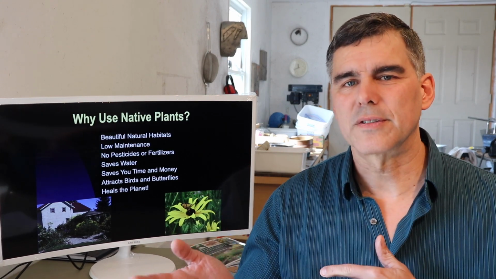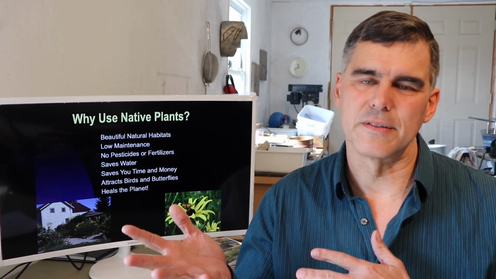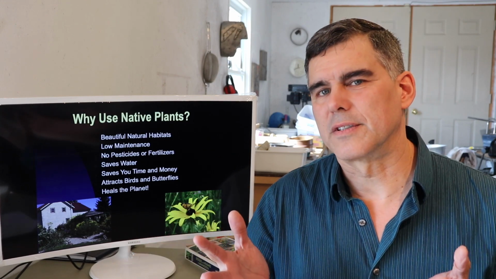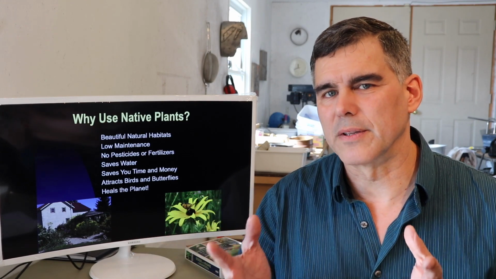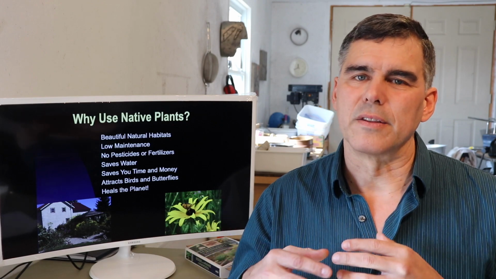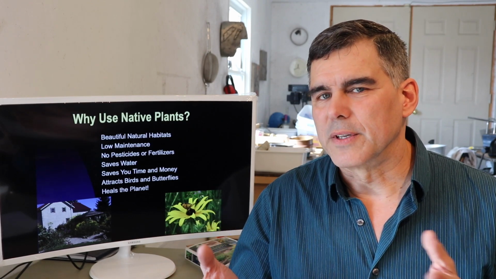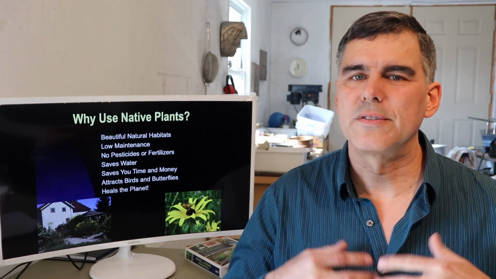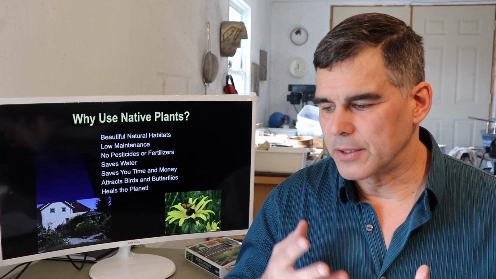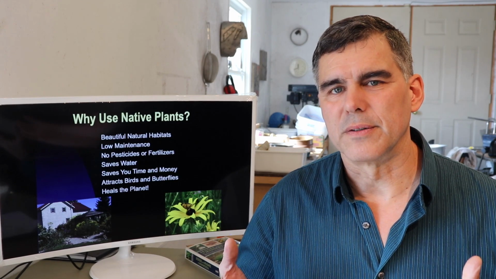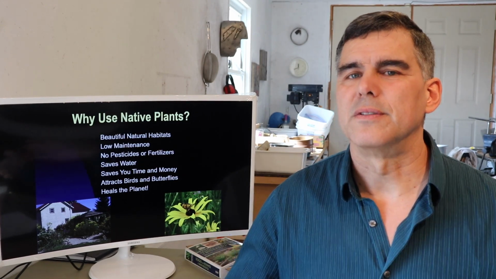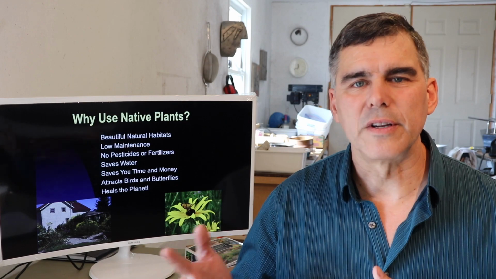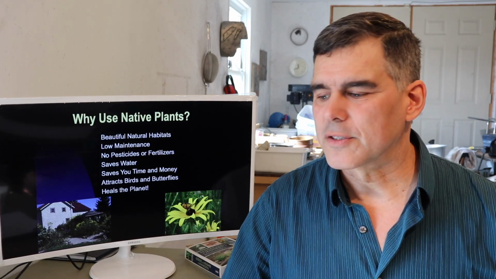And when you introduce an exotic species that's not native to the area, the wildlife doesn't understand that. So it's not a habitat that's readily used, and the seed's not readily eaten because it doesn't taste the same. And so the species don't use them. So we use native species because we want to increase the biodiversity of our property, because we want to help wildlife, pollinators and birds, etc.